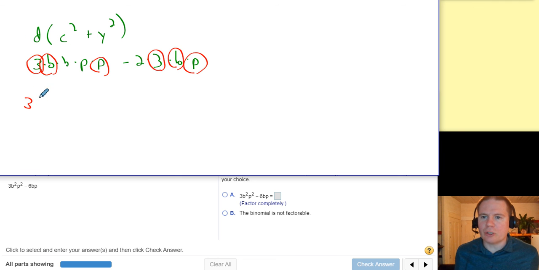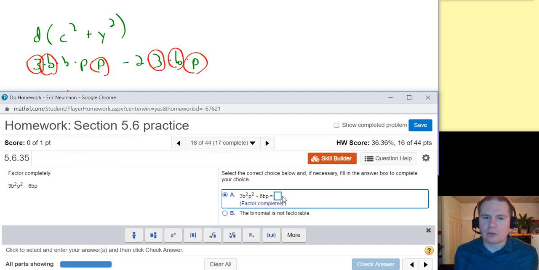So 3bp, not to be confused with British Petroleum, 3bp times this, and 3bp times this. So there's my answer. We have a 3bp in common, and alphabetical order is preferred. bp up front, minus 2. There we go.